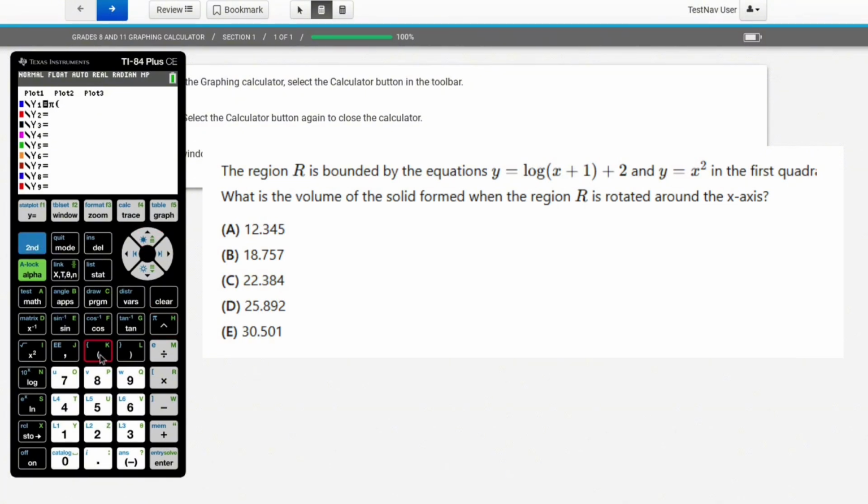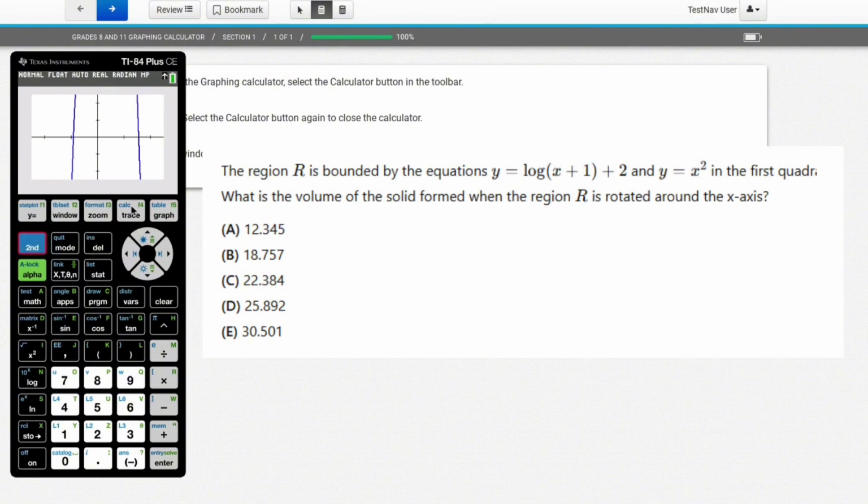And then I have parentheses, log of x plus 1, close it, plus 2, close it, square it, and then minus x squared, close it, square it, and then close it one more time. All right, so now that I have what I need, I think everything is typed out correctly. I don't think I have any errors. I can hit graph. All right, that looks pretty good to me.